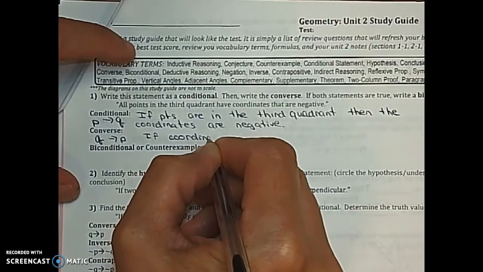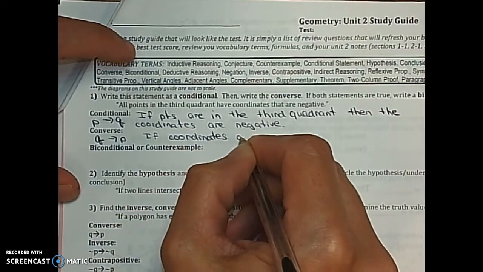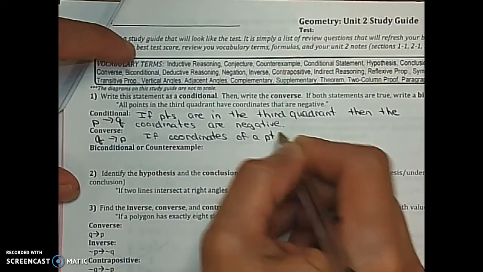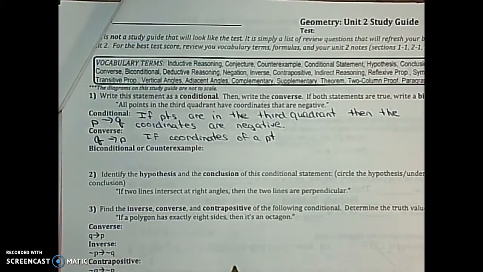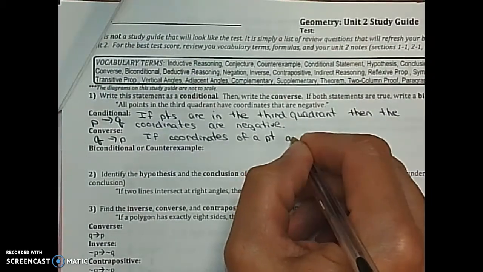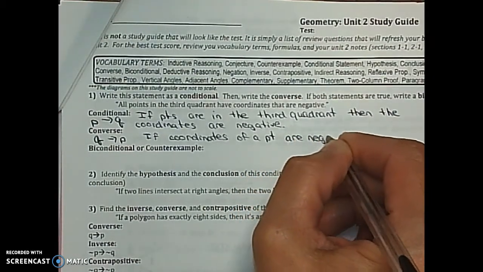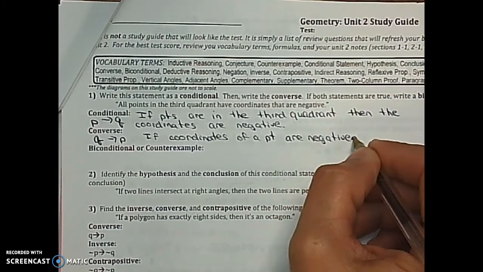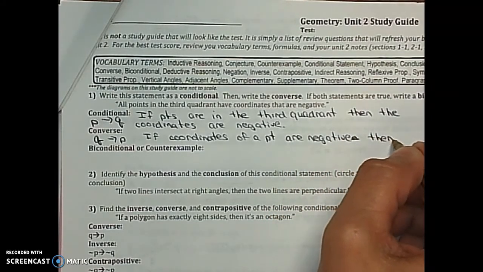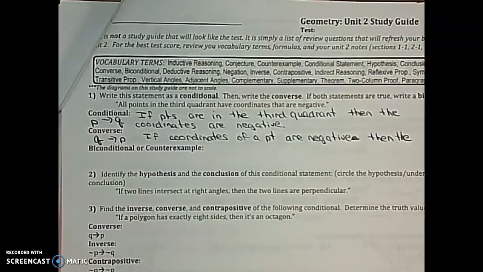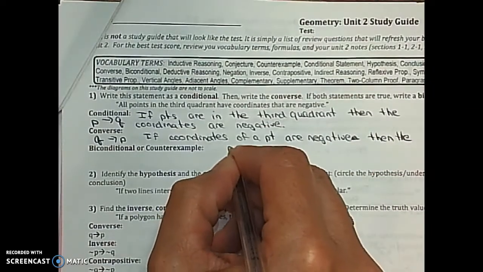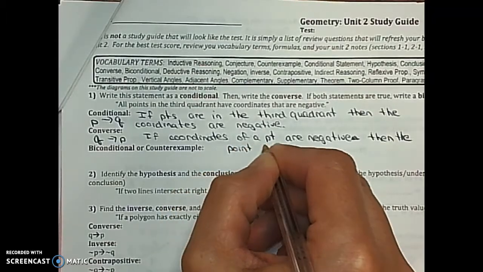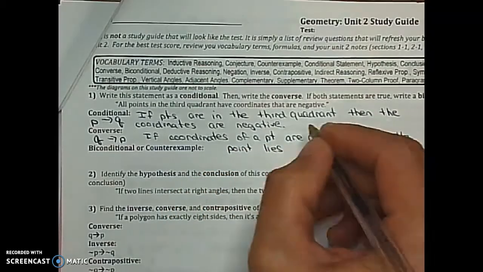If coordinates of a point are negative, I'm going to do a little bit of abbreviation. Negative, then the point lies in the third quadrant.